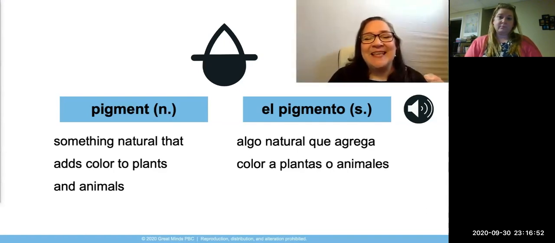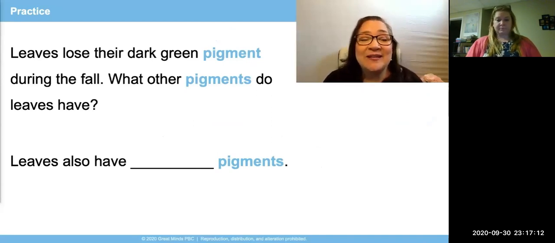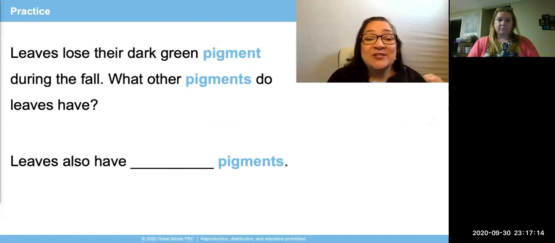Lovely. Now let's practice with the word pigment by answering a question. In this practice, I'm going to read the entire slide. It's going to ask a question, and then I'm going to ask you to answer the question using a complete sentence. Please follow along as I read. Leaves lose their dark green pigment during the fall.